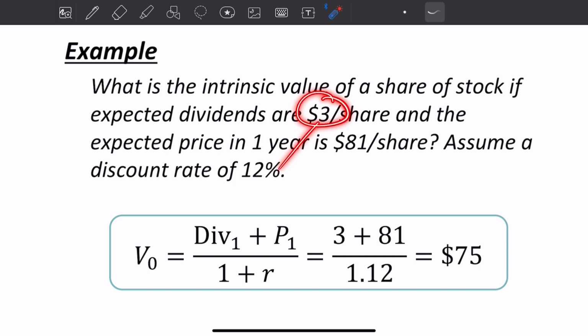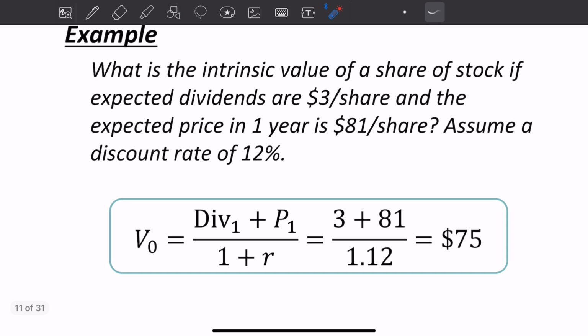Okay, so this $3 will go here, and then it's expected to reach this price by the end of the year. So this will go here, and then the discount rate is 12%, which is going to be placed here. Okay. So we apply the formula.